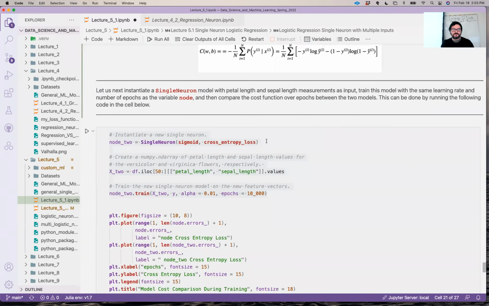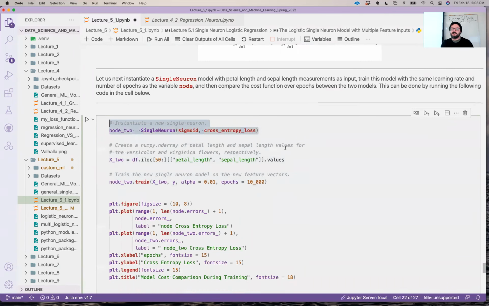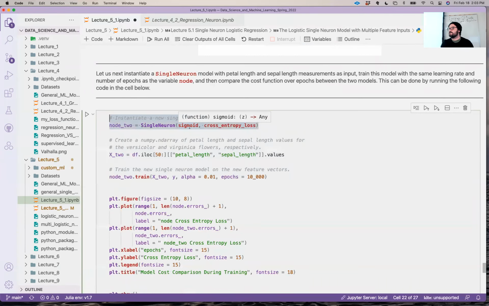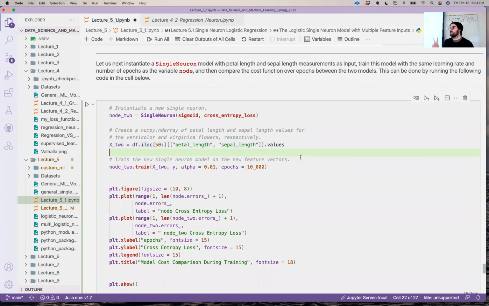What do I do here? Node 2. So I make another instance of my single neuron. It is a logistic regression neuron. And this time for my X values, I grab petal length and sepal length. So I include another measurement. I don't have to reshape it because it has 2 columns.